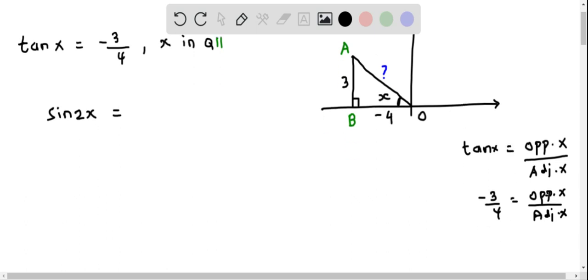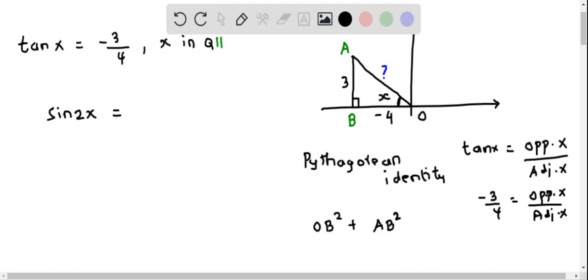For this, we can use the Pythagorean identity to solve for the side OA. So in this right triangle, according to the Pythagorean identity, OB squared plus AB squared equals OA squared.